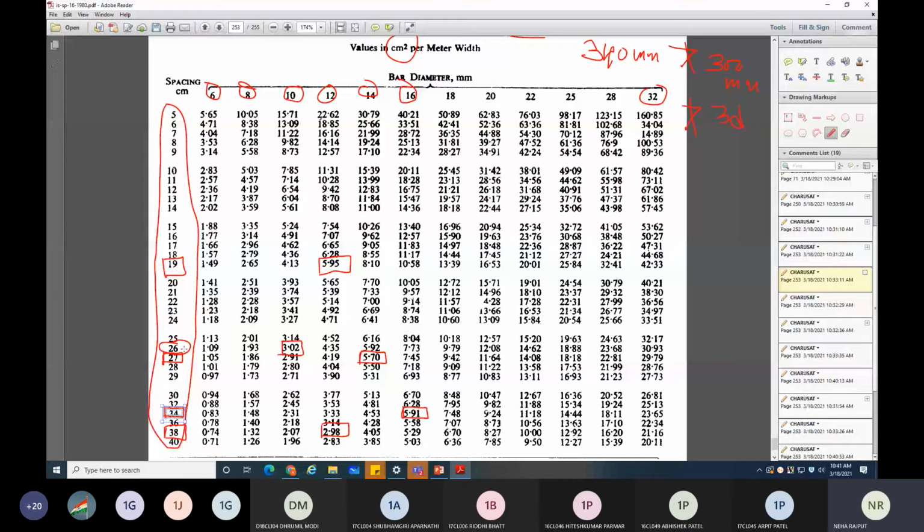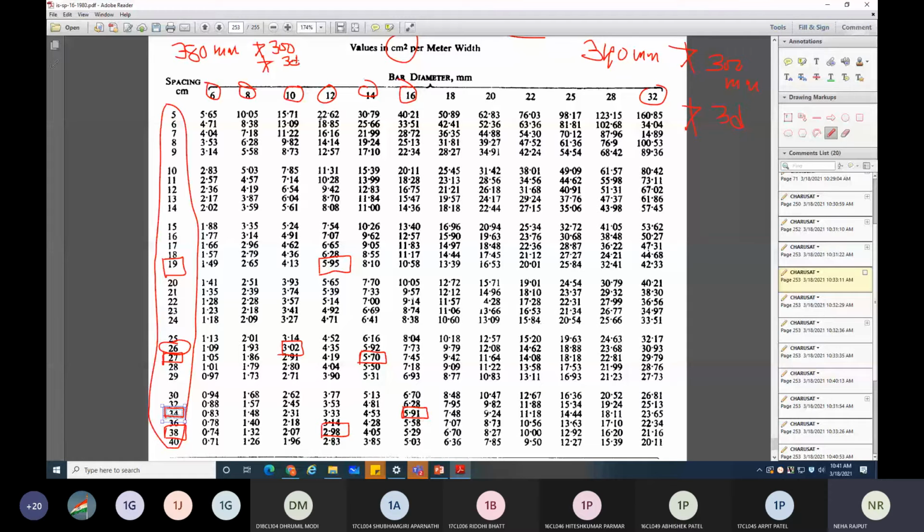Again, if you wish to take 12 mm diameter, so what you can do is you can take this 2.98 as the area of steel. This is 38 centimeter, 38 centimeter means 380 mm, but your spacing should not be more than 300, and that should not be more than 3D.